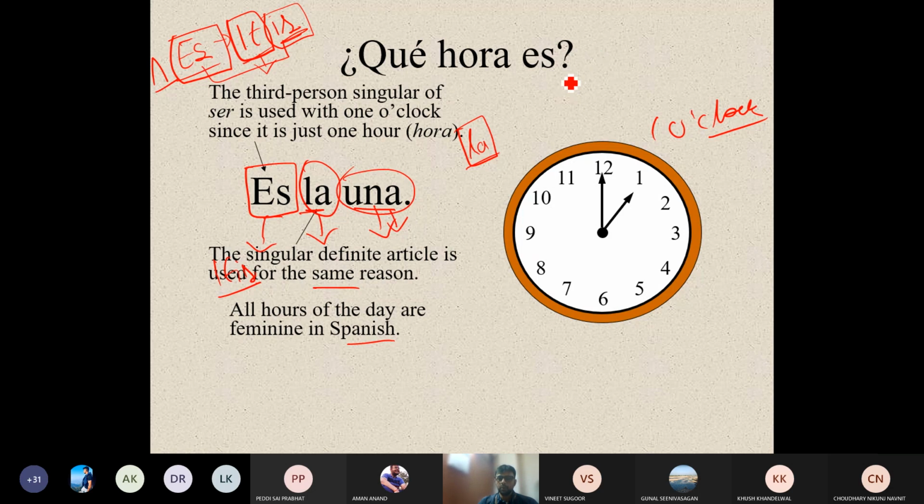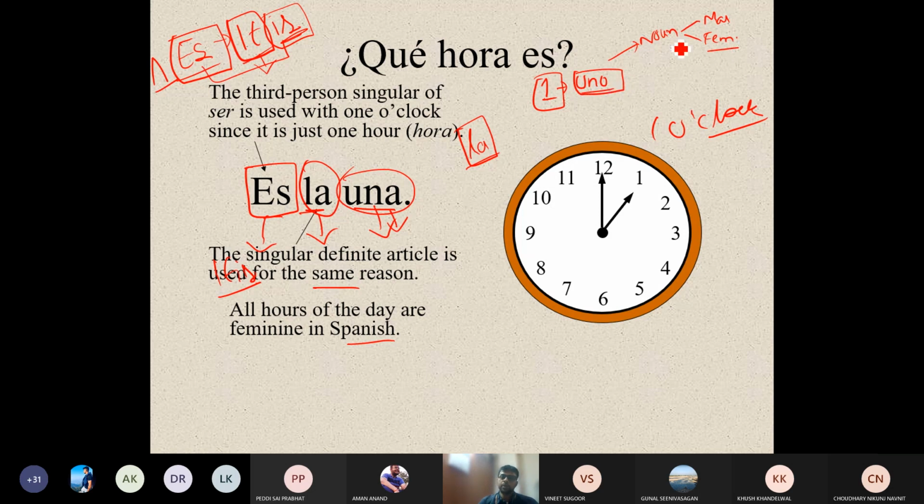So let me explain a little bit more here. For digit 1, I told you it is una. But if you are referring with this 1 to any particular noun, that noun will always have a masculine or a feminine gender.